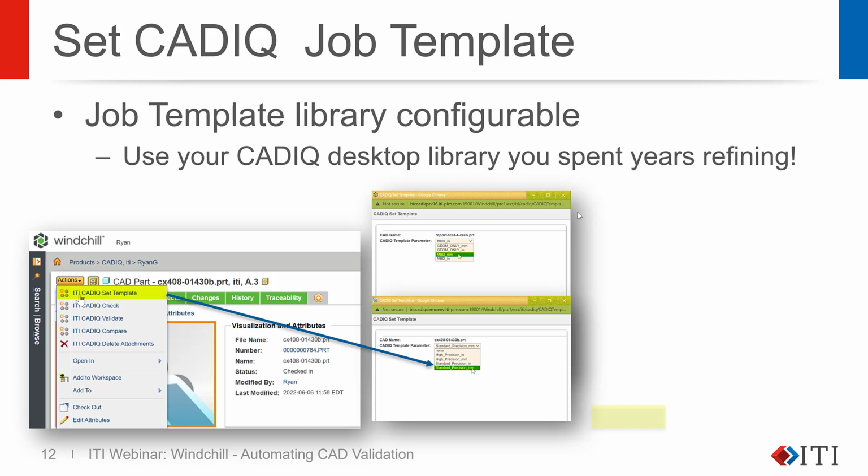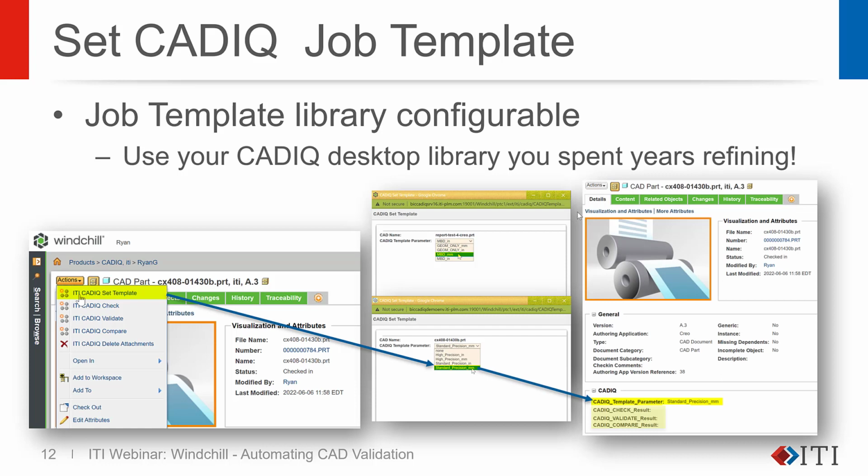By setting that job template, it's also going to populate a CADIQ template parameter. That's just to identify which template this particular object is going to leverage once a CADIQ job is initiated. There are also some additional attributes here that are assigned to the Creo model, as well as your Windchill object attributes.